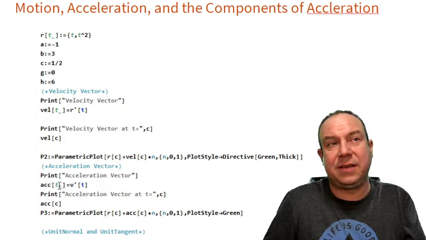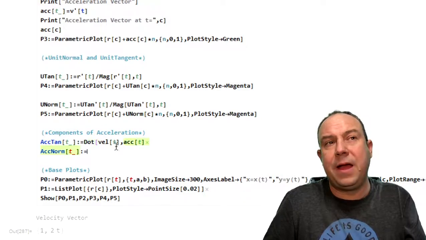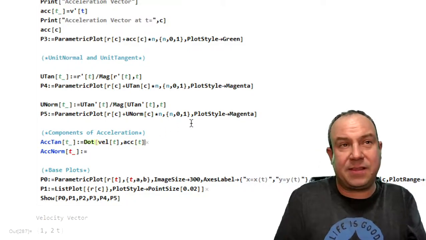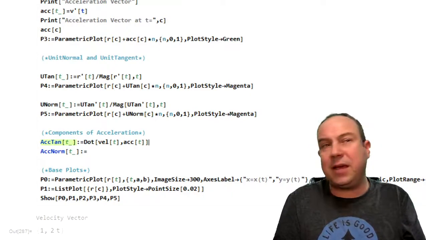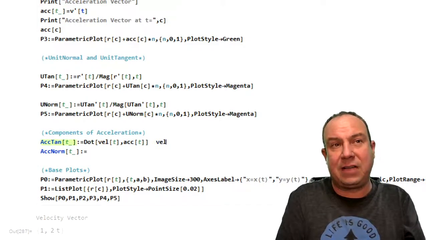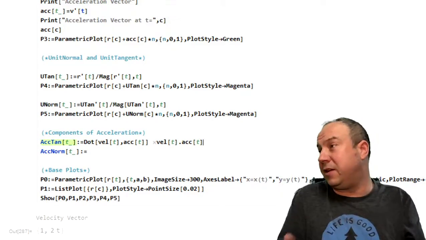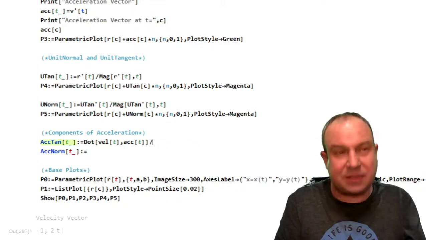Velocity, acceleration. So we can define the acceleration of the tangent by taking the dot product of those two vectors, and you can use either the dot command, or another way is velocity of t dot acc of t and use the period as a dot product. That also works, but I like to use the dot command here.